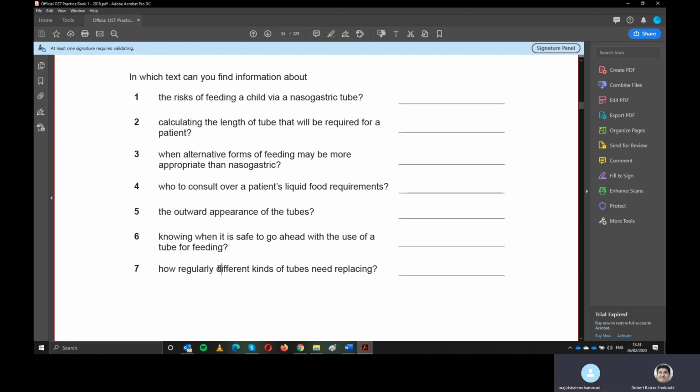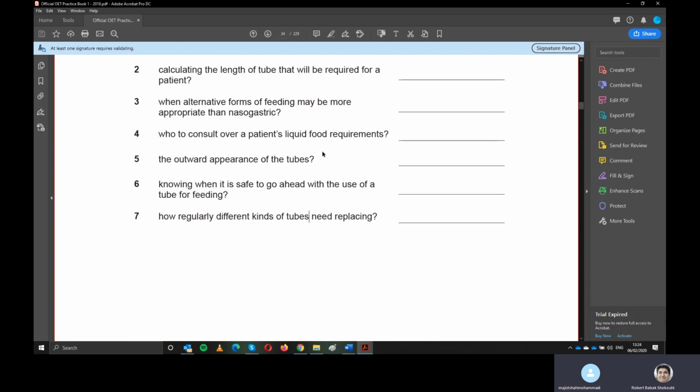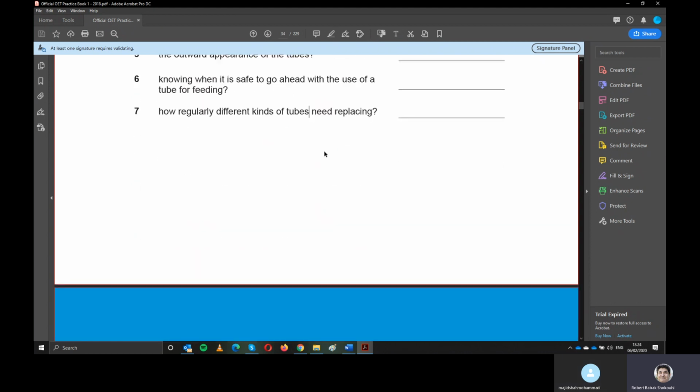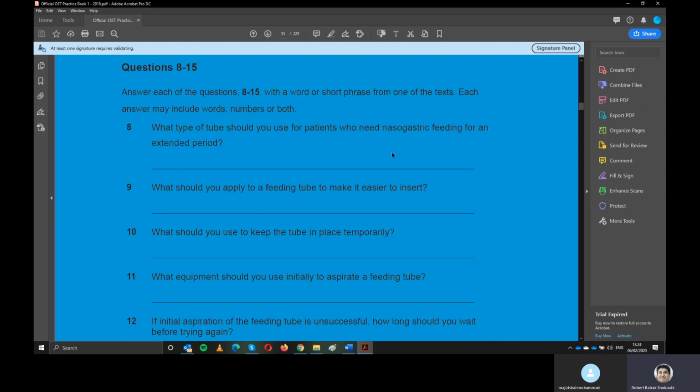So different kinds of tubes was in B. So as you can see, sometimes with a simple survey, you can actually find out what is where. That should take you about probably 5 minutes, but maybe even less.